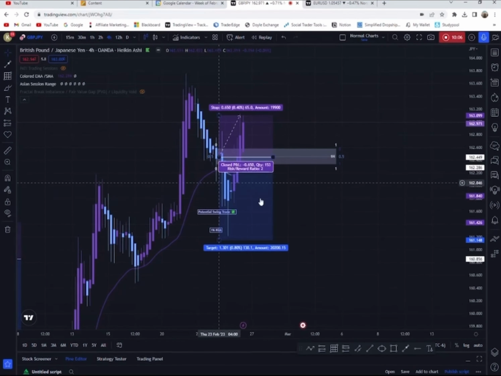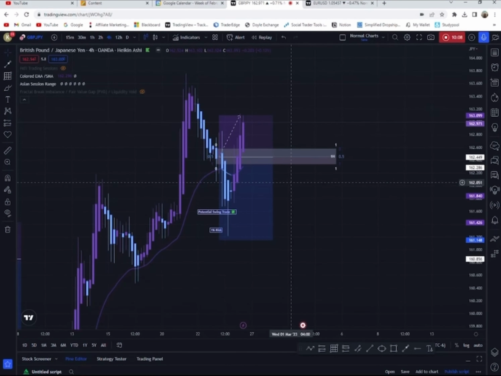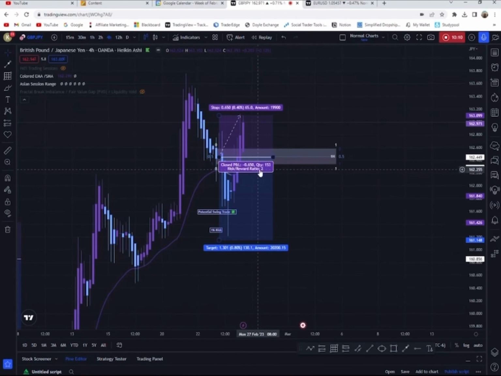I would have at least brought this to about a 1-to-1 and would have made like 1.5%. Also, I must mention on my swing trading pairs, I usually risk about 1.5 to 2%, and I also have a different account for swing trading pairs. That's another concept that I'm gonna talk about in another video, right?